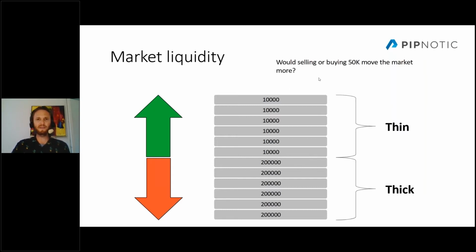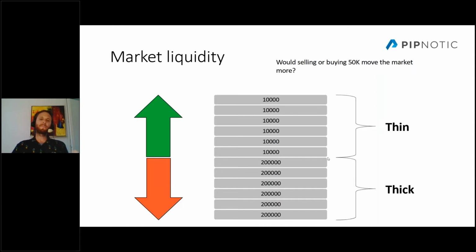Okay, so what we have here, let's say that we have a market order that comes into the marketplace, and they're looking to buy 50,000 units of this asset. Okay, what would move the market more, buying the asset or selling the asset? This is interesting because if you look here, we're at this price point here. Let's say this is 1.